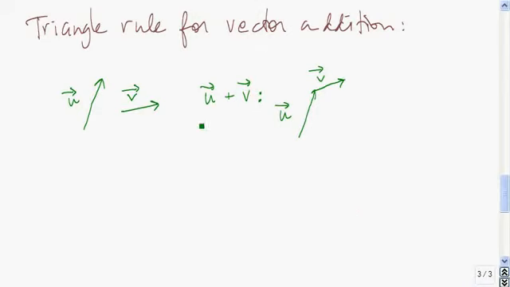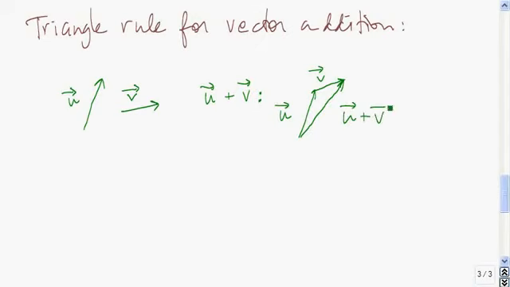Then the vector u plus v is this side of the triangle. So we take the vector u, put the tail of v at the head of u, and then we draw the vector that goes from the tail of u to the head of v, and that's the vector u plus v.